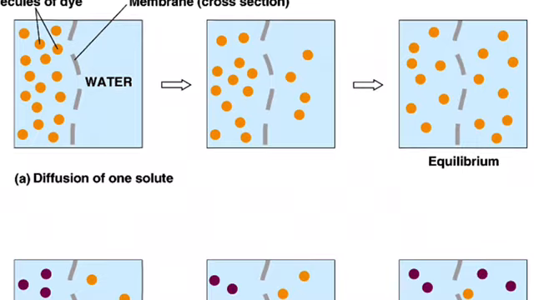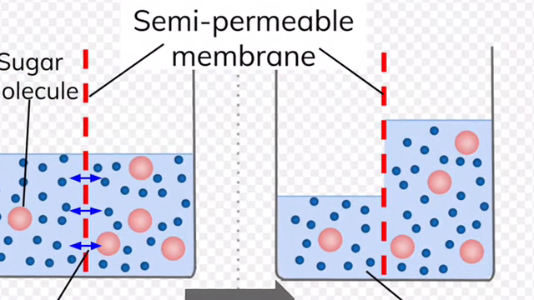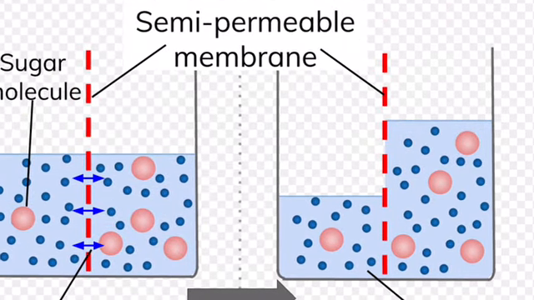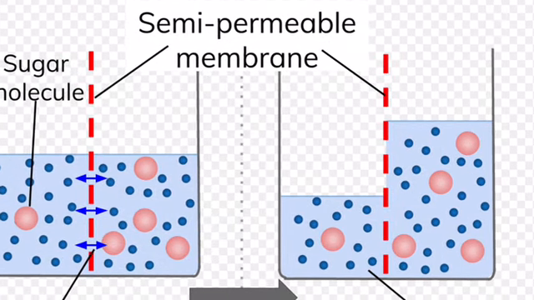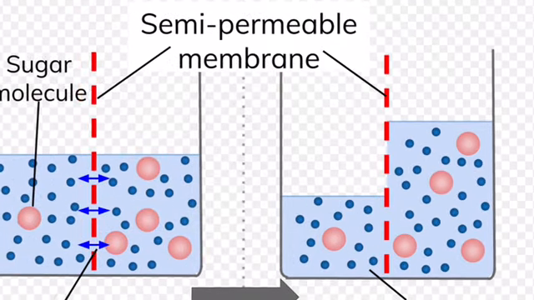An example of a molecule that would use a protein to cross the plasma membrane is glucose, which is sugar. And then we have one last form of diffusion, and that is going to be osmosis. Osmosis is when water molecules are moving across the cell membrane from a high to low concentration.